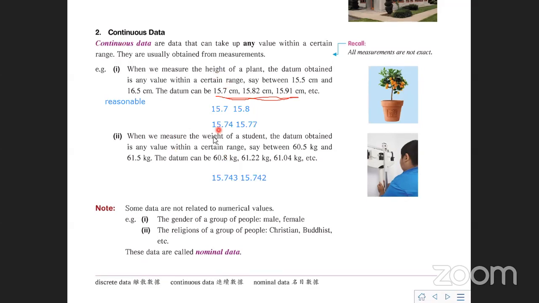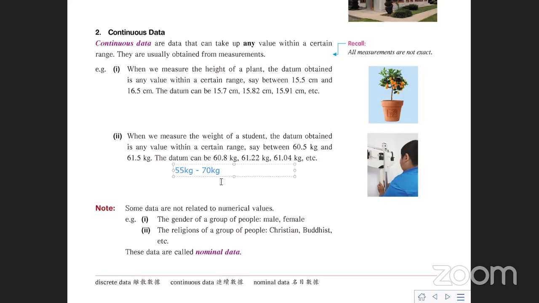Another example will be your weight. Of course, the weight of a student can take up any reasonable value within a certain range. For example, usually for students, one may be around 50 kilograms to 70 kilograms.